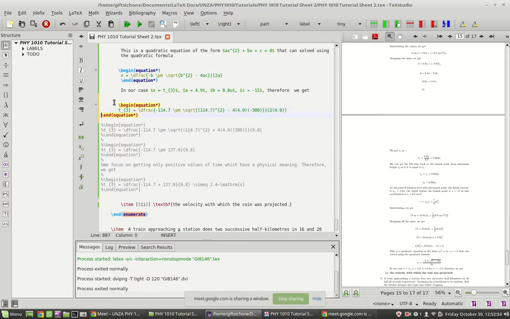So when you work out that one, your b is minus 0.8u, then plus or minus 0.8u.